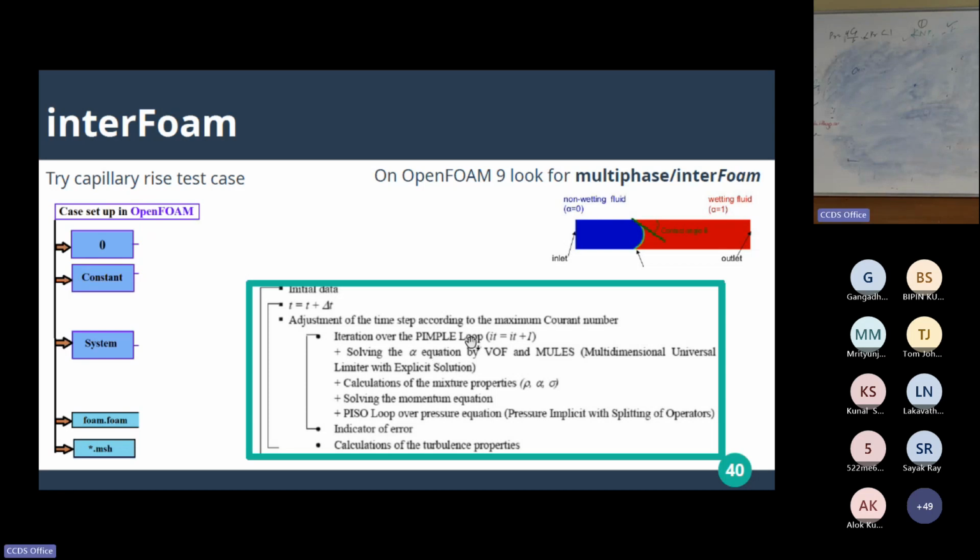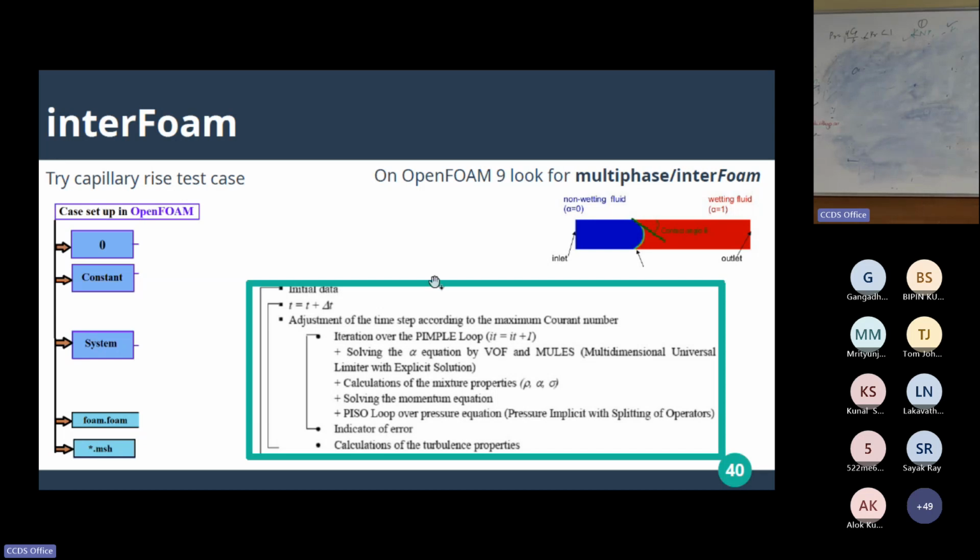For that, you begin your PIMPLE loop. In the last 1.5 days, you must have learned that if you want to integrate these volume equations like mass, momentum, energy, one of the popular techniques is the PIMPLE algorithm, PISO, PIMPLE, these kinds of solvers.